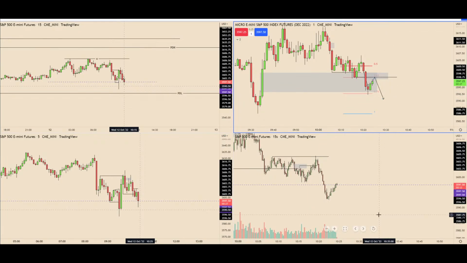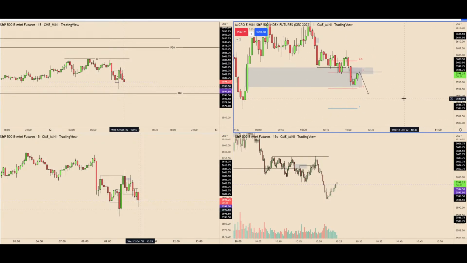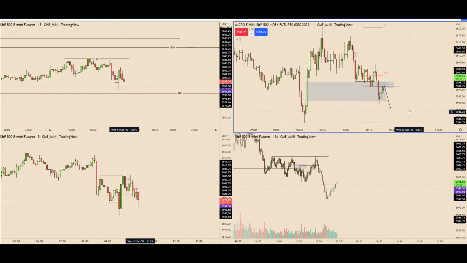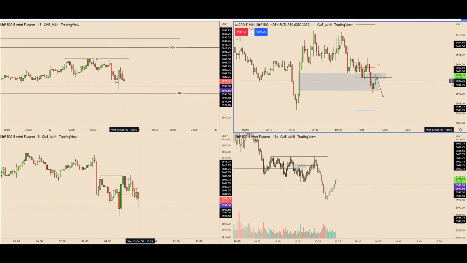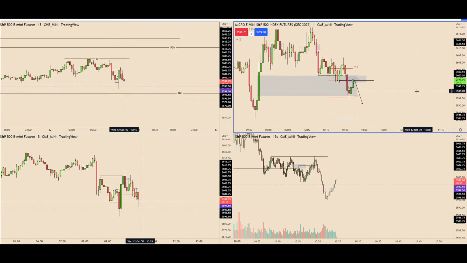Like that, right? So midnight open, that order block, stuff like that. But this is really good risk reward for longs if we do get displacement higher, right? So I don't really want to short right here.